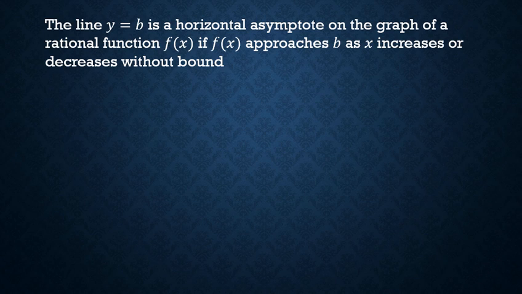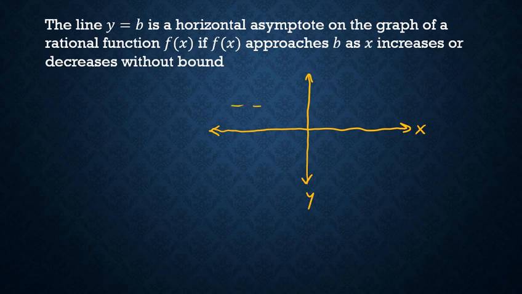So what we're looking at here, if I draw a quick little sketch, my x and my y-axis. The dashed line at height b here is a horizontal asymptote if the function approaches this value as x increases or decreases without bound.